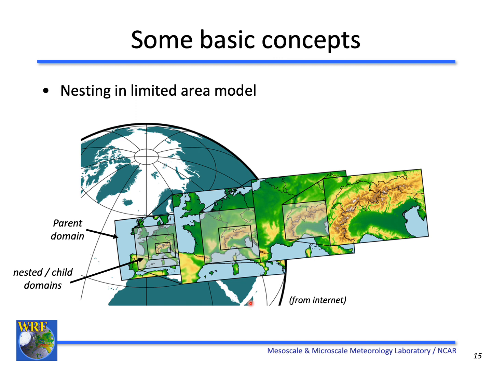The nesting process can be repeated for multiple domains with progressively higher resolution, as shown in this picture here, which has a total of 4 domains and 3 nested domains.